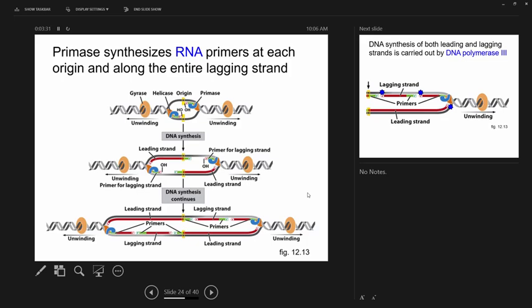Okay? And again and again and again. So the leading strand is going to have one RNA primer at the middle. The Okazaki fragments are going to have a whole bunch of RNA primers at the 5' end of each Okazaki fragment. And on you go.